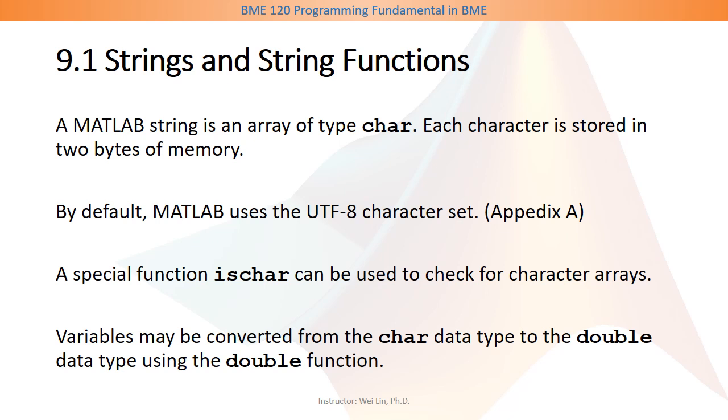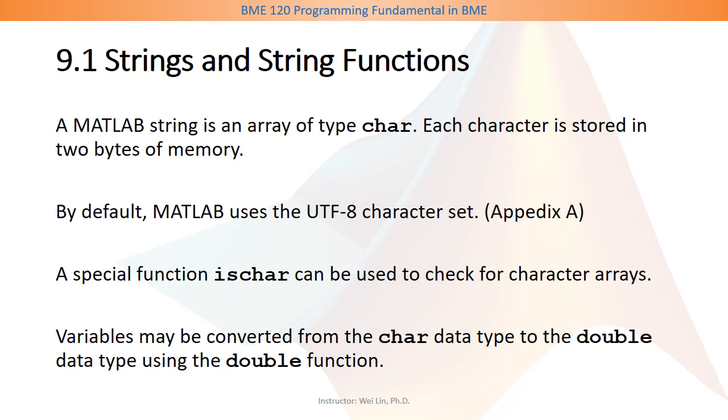And also, you can get the character code so that you can convert it into numerical values. You can use a function called double. Basically, it will convert the character to a numerical value, and the numerical value is the code of that particular character.